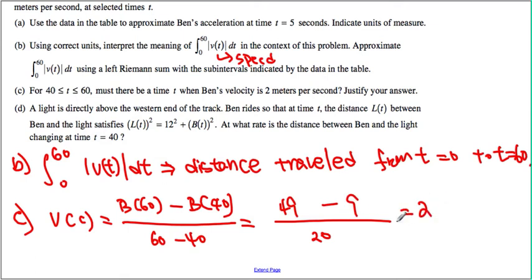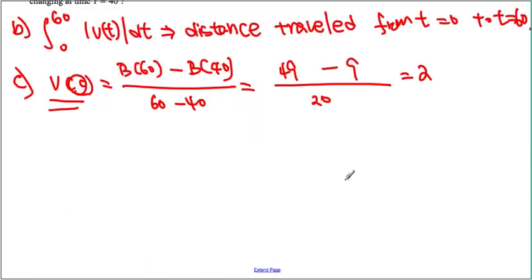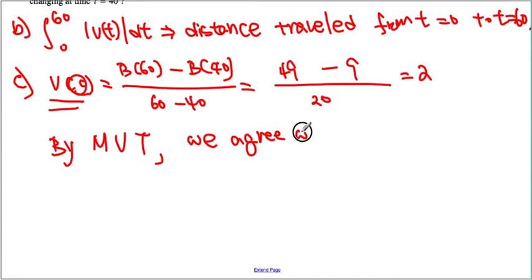So therefore there must be value c between 60 and 40, the velocity has to be equal to 2. So by mean value theorem, we agree with the statement.